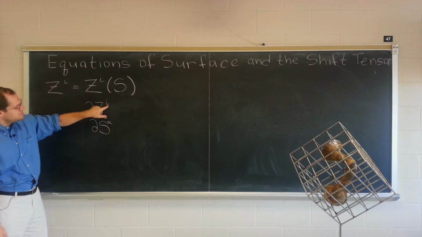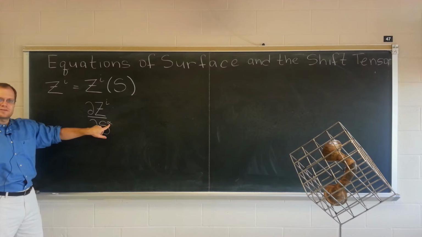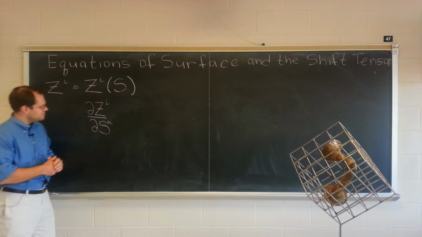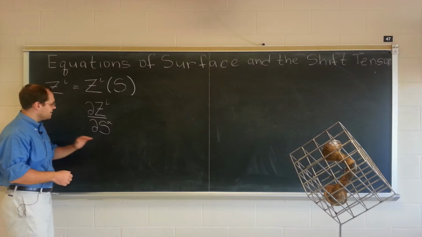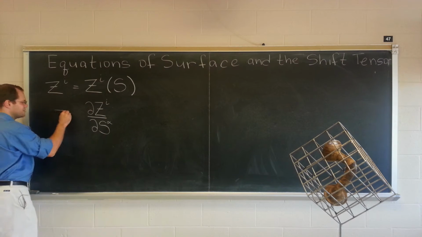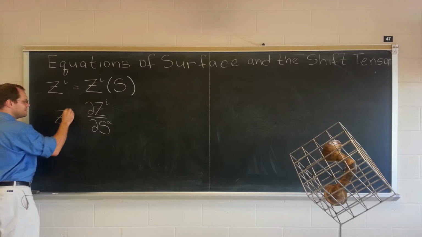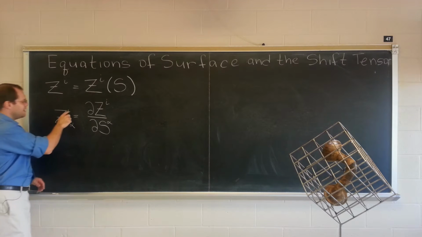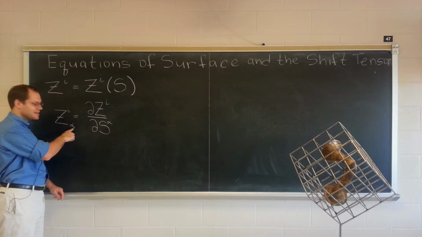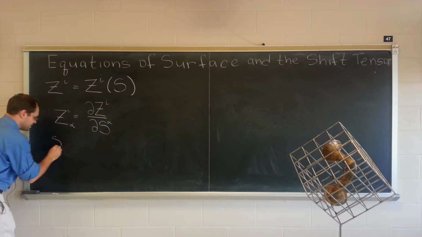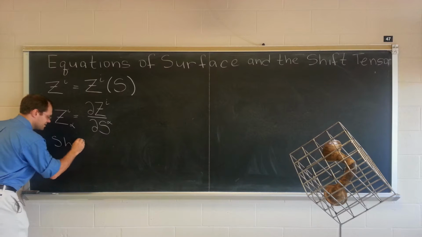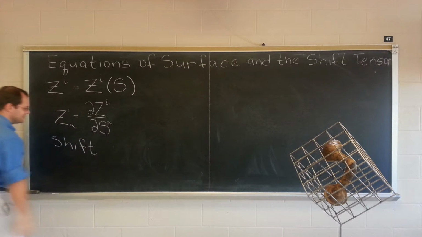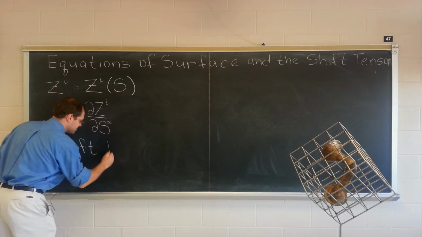Each one of these functions differentiated with respect to each one of its independent variables. And this is denoted by this symbol that has both ambient and surface coordinates, ambient and surface indices. And this is called the shift tensor, and it's the last object, I think, denoted by the letter Z. Shift tensor.